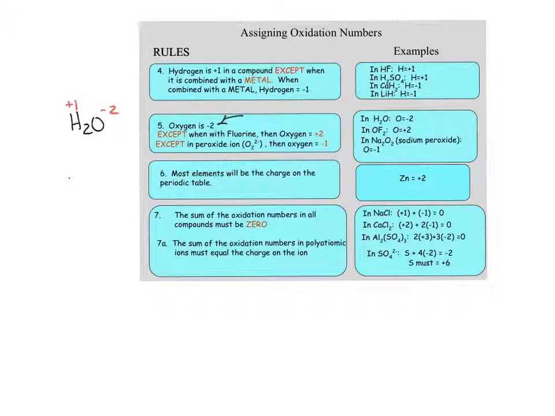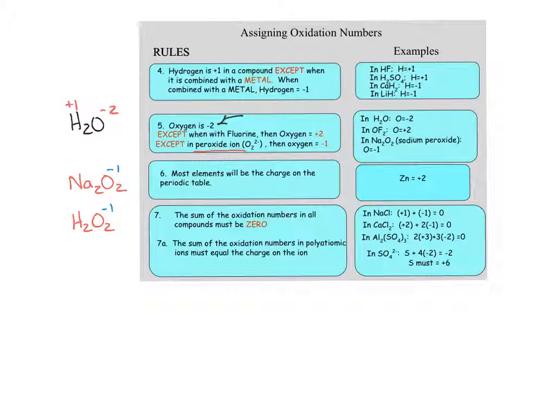If, however, oxygen is in a peroxide, and there's a couple peroxides you probably should know, Na2O2, sodium peroxide, H2O2, hydrogen peroxide. If you see sodium peroxide or hydrogen peroxide, then the oxygen is going to be a -1 charge. Okay?